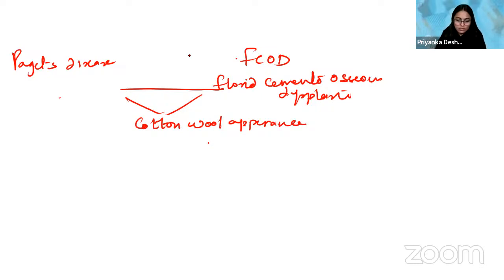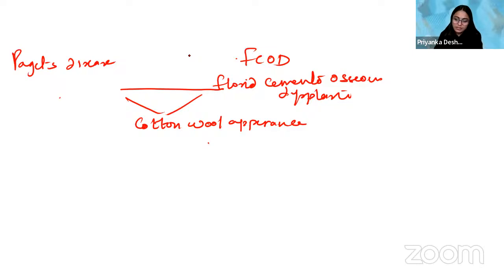All right. So, Paget's disease is a skeletal disorder. It affects all or most of the skeletal bones, including the jaw bones. It is not that it only affects the jaw bones, whereas florid cemento-osseous dysplasia mostly affects the jaw bones.